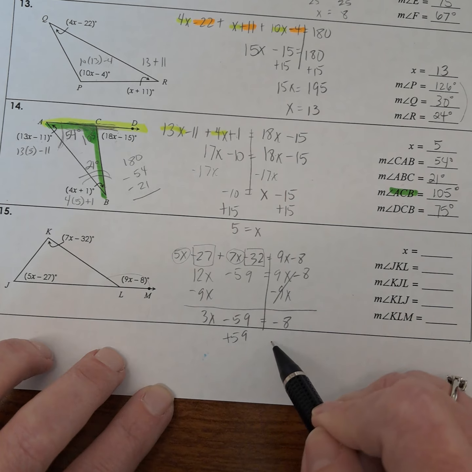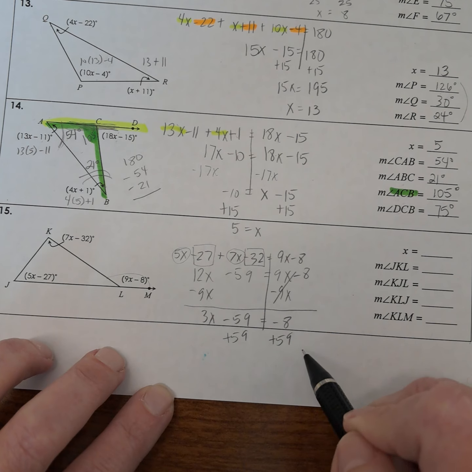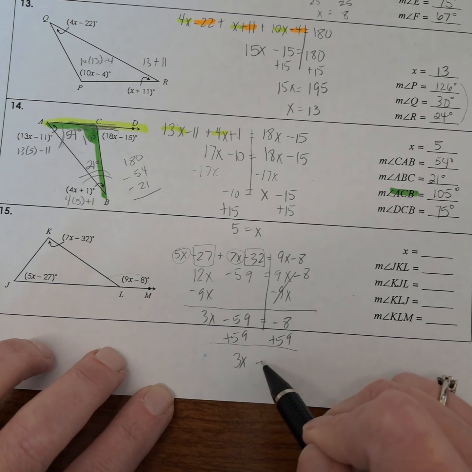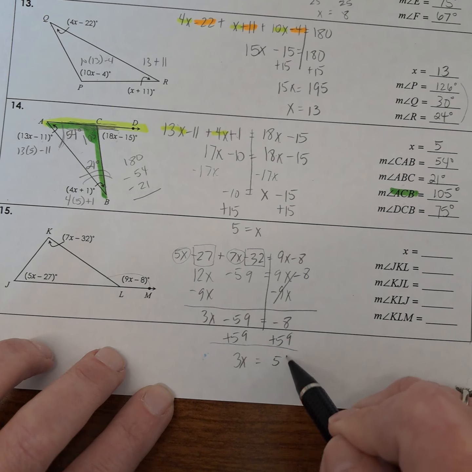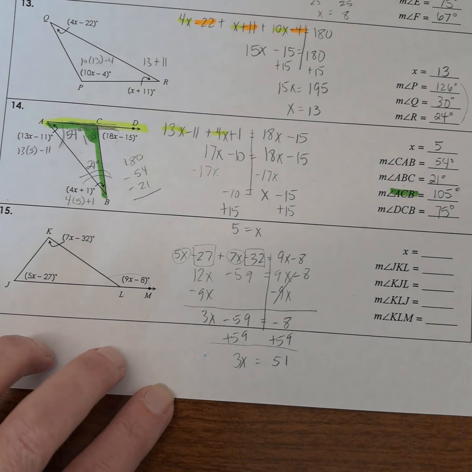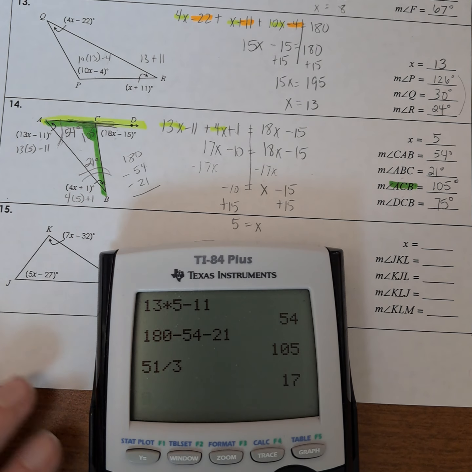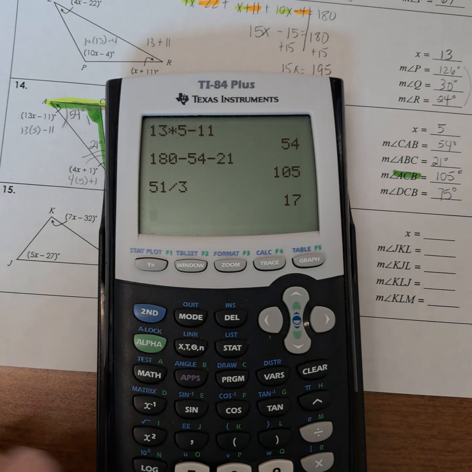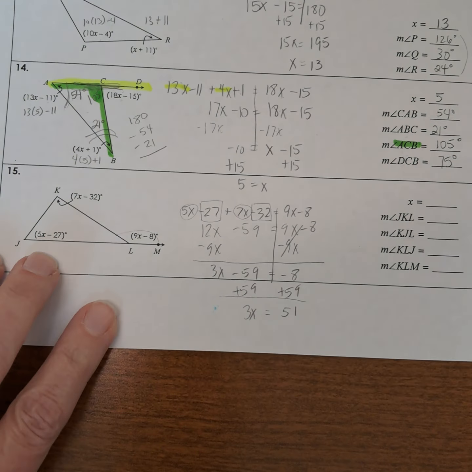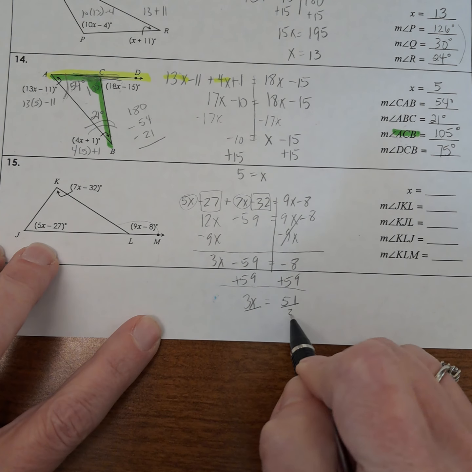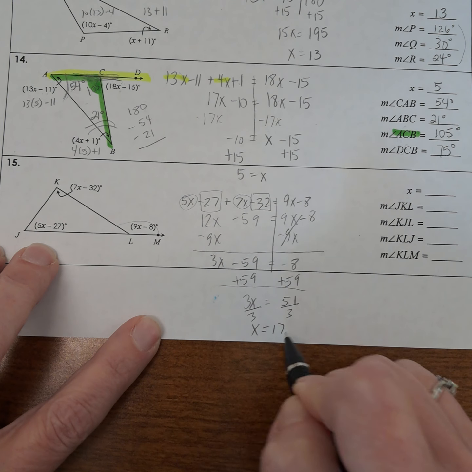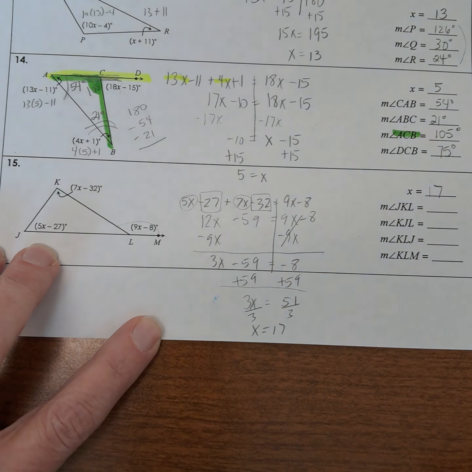Okay, I'm going to add to the other side the number that doesn't have an x to combine my like terms here. It does come out nice. I was a little bit worried. Yeah, it comes out nice. All right, there's all of my x's.